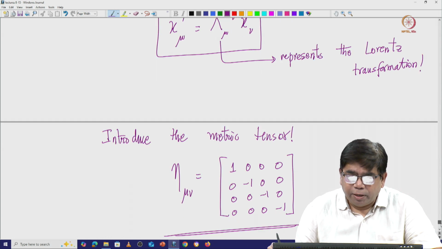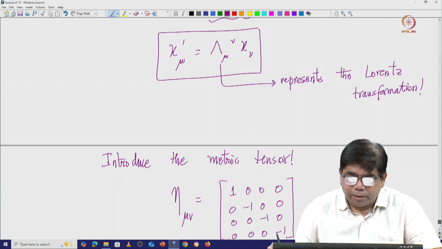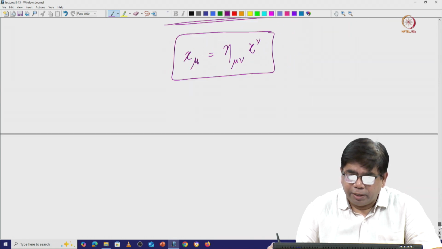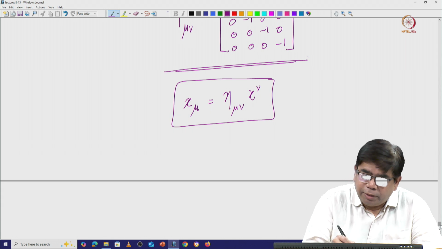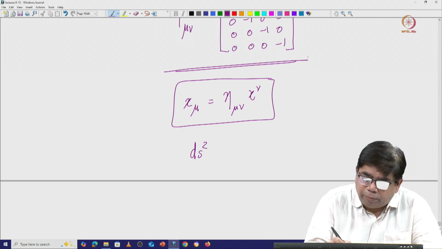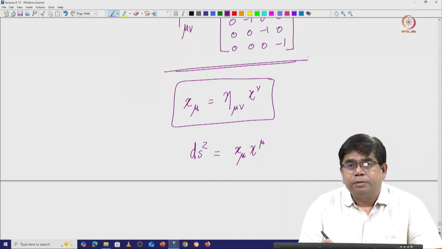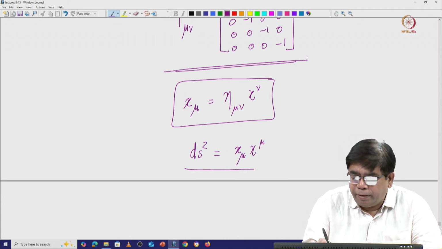Now what it keeps invariant, as we know, is ds square, the line element, which is x mu x mu.